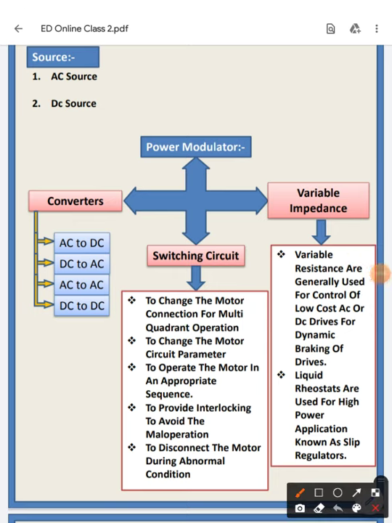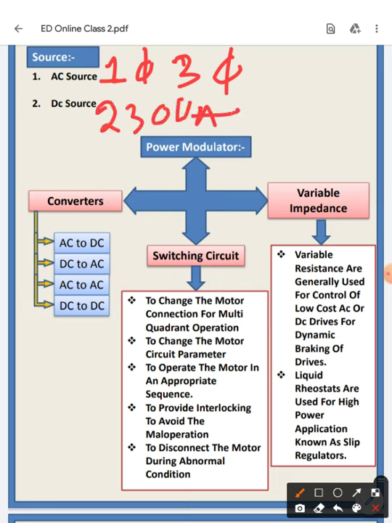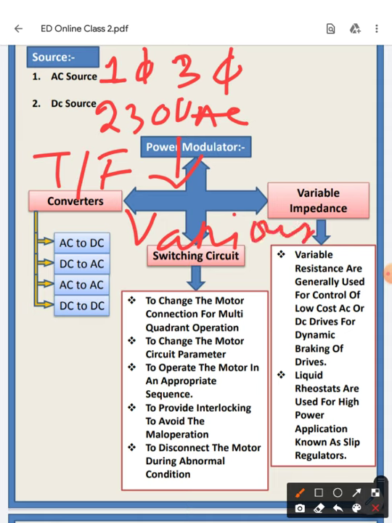So the AC system is single phase or three phase. If you think about single phase, it may be a 230 volt AC system, or you can also find some lower voltage levels. By using a transformer we can step down this 230 volt into various values of AC.